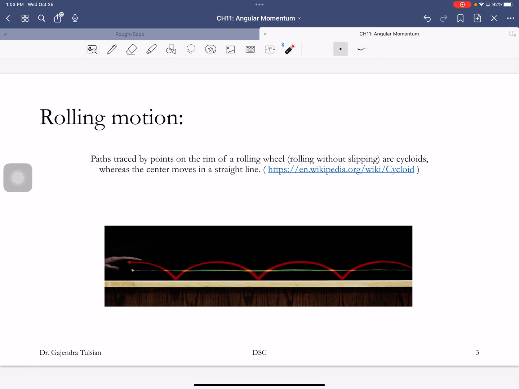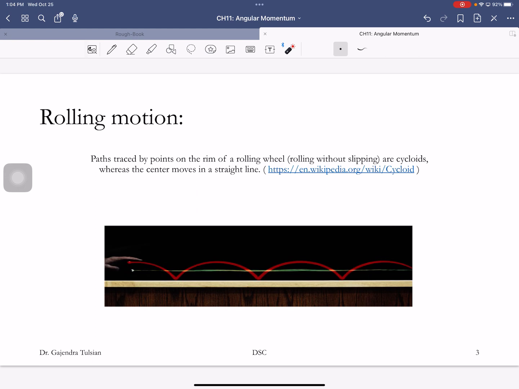I'm recording this, but I guess the people who are listening to the recording won't be able to see this. So here's the rolling motion. This is rolling without slipping. And this is rolling with slipping. Of course, you don't want that because then you're just wasting gas.